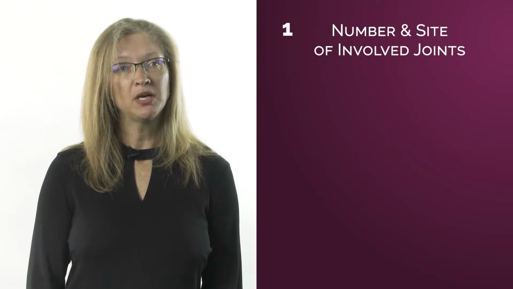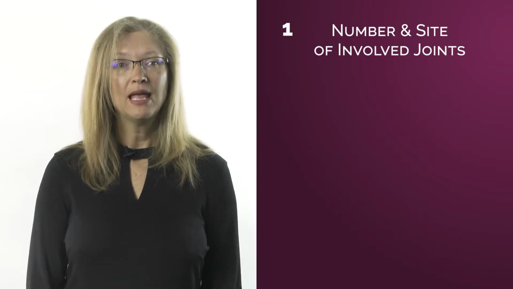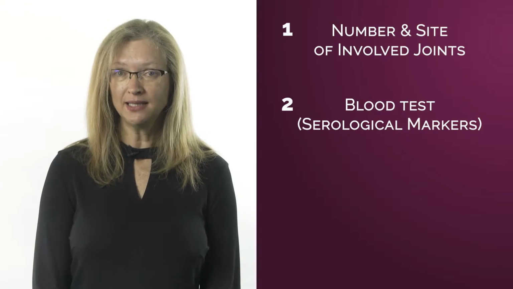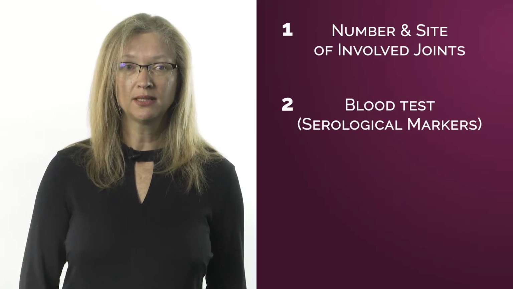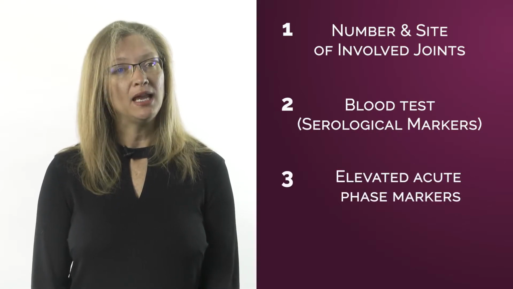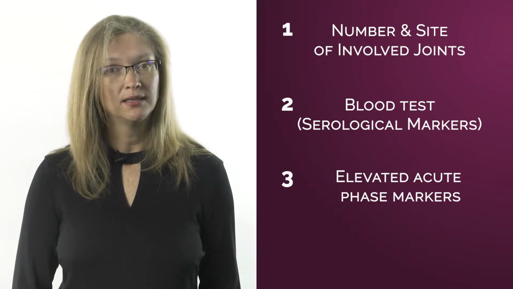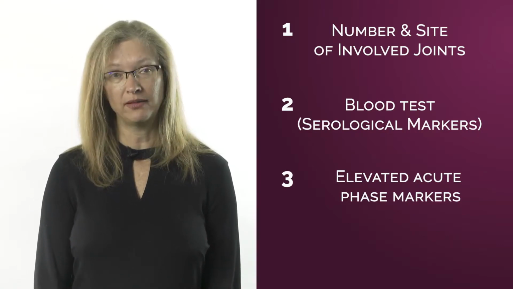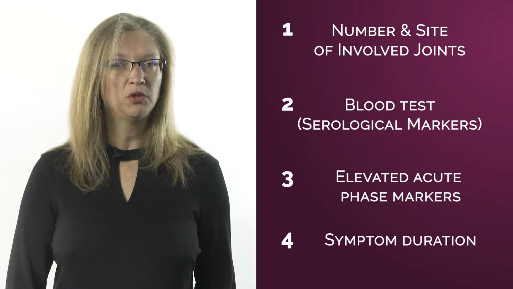So when we look at these 4 domains under which one can score, firstly, it's the number and site of the involved joints, then the blood test or serological markers, and next the elevated acute phase proteins, so another blood test, and then symptom duration.